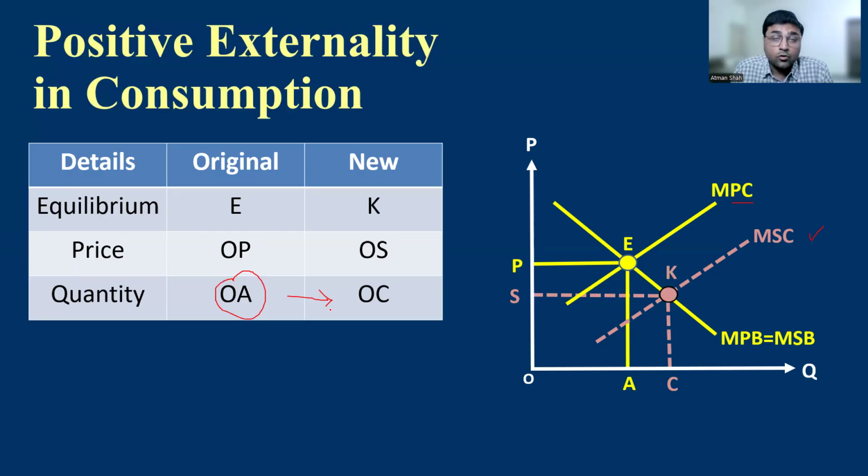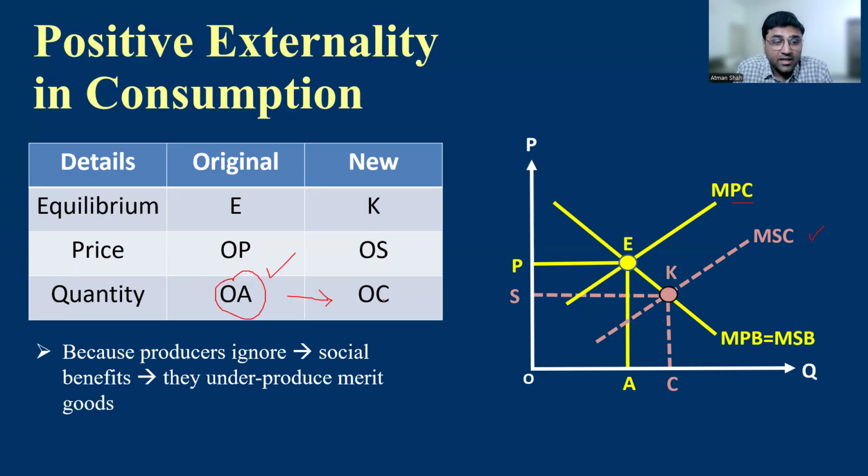So if we do not consider externality or external benefit, the market produces only OA units of the commodity. But if we consider this external benefit, the production can be increased from OA to OC. So just like consumption, we also have the problem of underproduction.